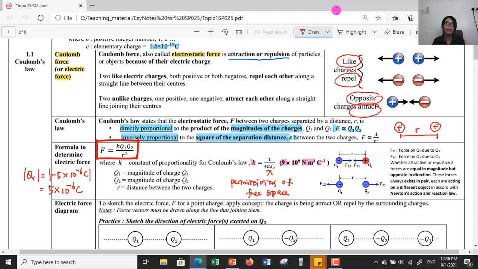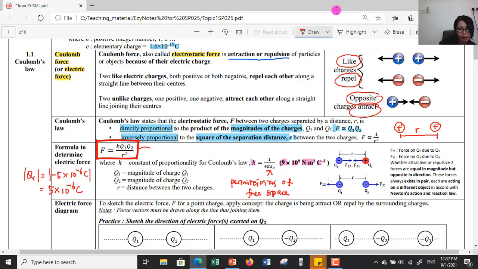Magnitude is always positive. Okay, so if you have a charge, negative 5 times 10 to the power of negative 6 Coulomb, the magnitude of charge Q1 will be 5 times 10 to the power of negative 6 Coulomb. Okay, no need to put in the negative sign for negative charge in this equation.